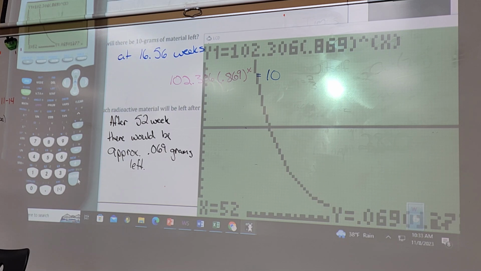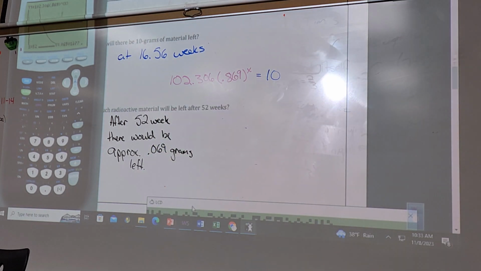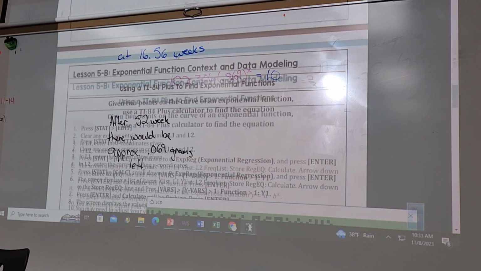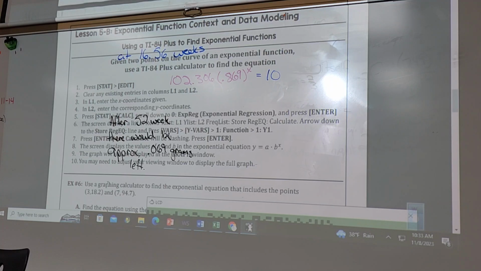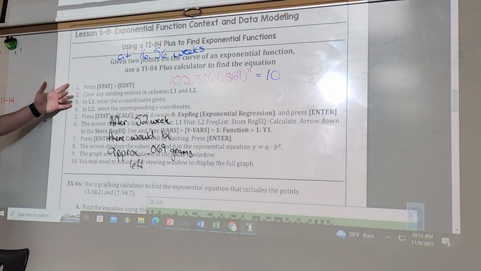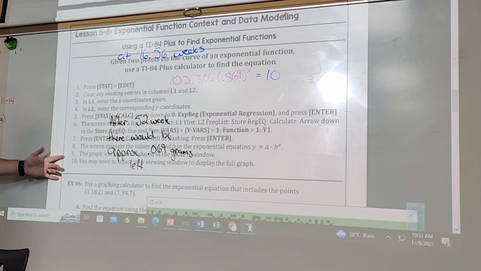I gotta do example 6. The good news is it's really easy. All right, go to example 6. Take a look at it. It's not easy per se, but it exists. Hey guys, good news. If you forgot what we did to plug it in the calculator, look at it.